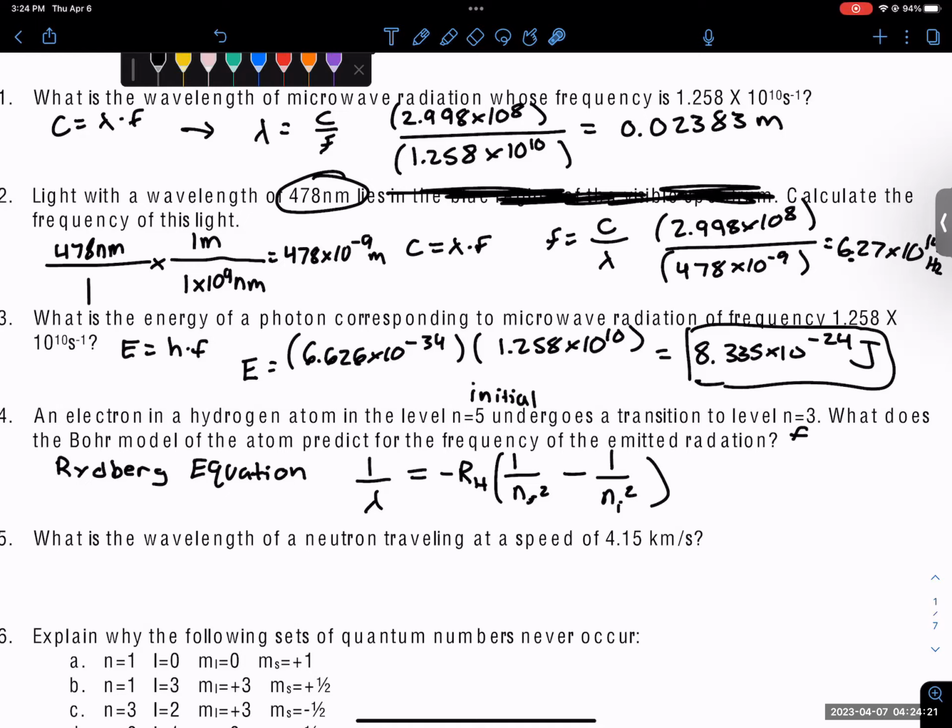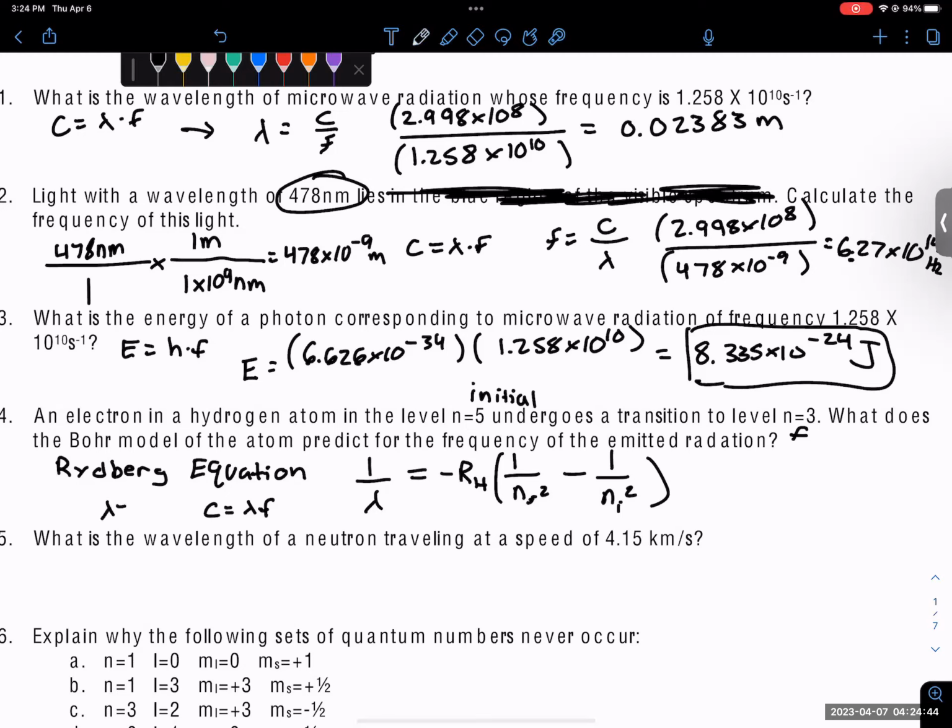Lambda equals... I wonder if it's possible to do it a different way, where we know that c equals lambda times frequency. Because it's asking for frequency, let's solve for lambda, since that's what we have here.